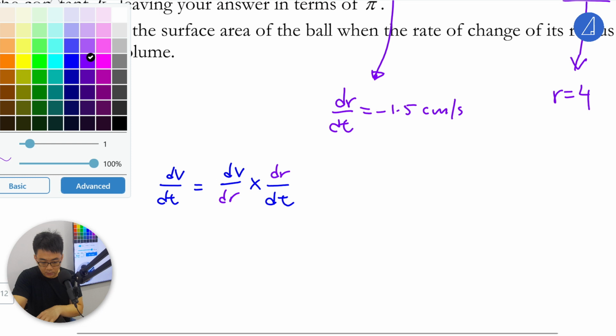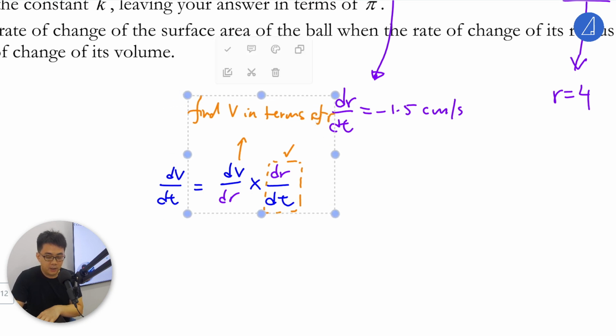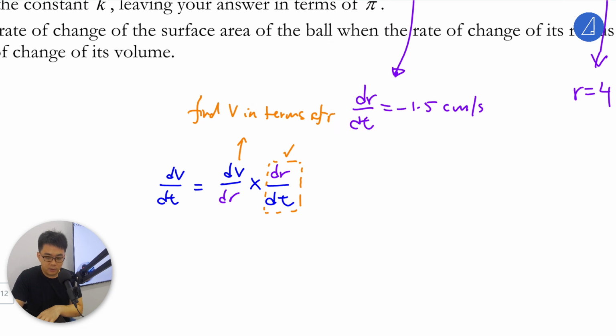Now what does this tell you? This tells you that this one is already fixed because you already have this. This prompts you to find V in terms of r, which you know. Then differentiate. If this is dV/dt, obviously if this is dV/dr, you need to find V in terms of r.